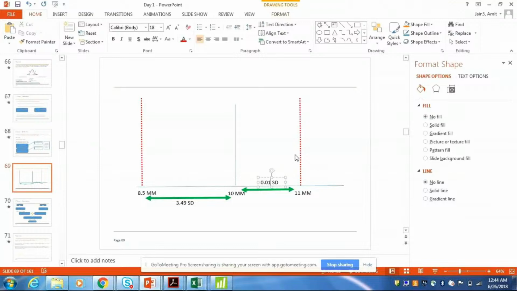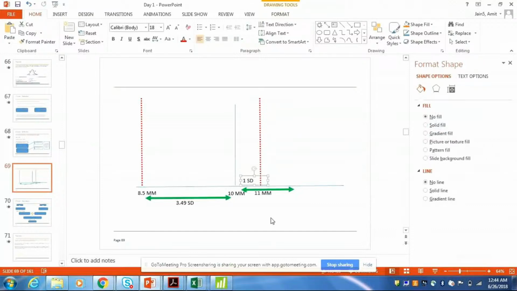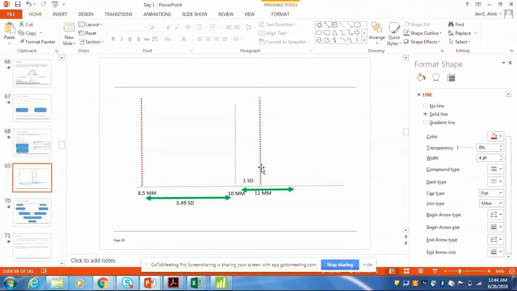Let me say that if the standard deviation, instead of 2.32, had been 1, it would have been somewhere over here. If it's only 1 standard deviation, that means it's very near to the mean, so it's more likely to have a defect here, because there is very little room for variation.